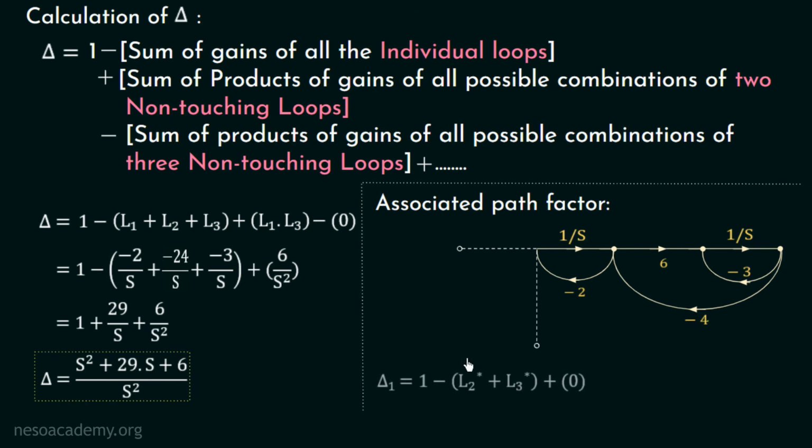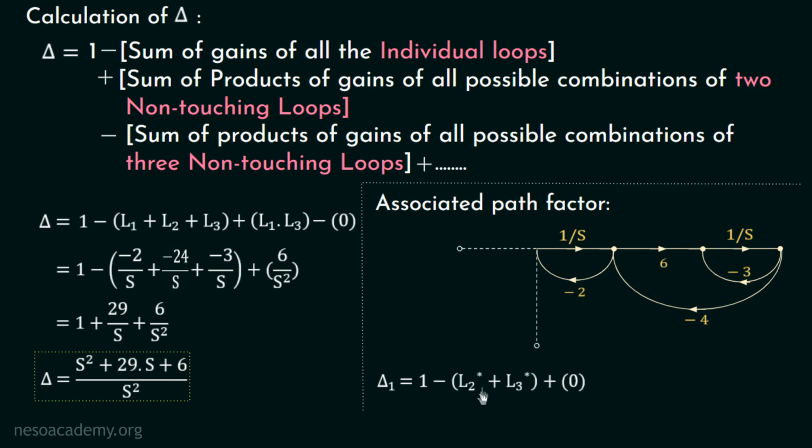Moving on to the calculation of delta 1, which is equal to 1 minus sum of gains of all the individual isolated loop gains, plus sum of products of gains of all possible combinations of two non-touching isolated loops, and so on. In this signal flow graph, we do not have any non-touching isolated loops, and that's why the gain of two non-touching isolated loops is equal to 0. We have two individual isolated loops, L2 and L3. Since these are isolated loops, we will call them L2 asterisk and L3 asterisk.